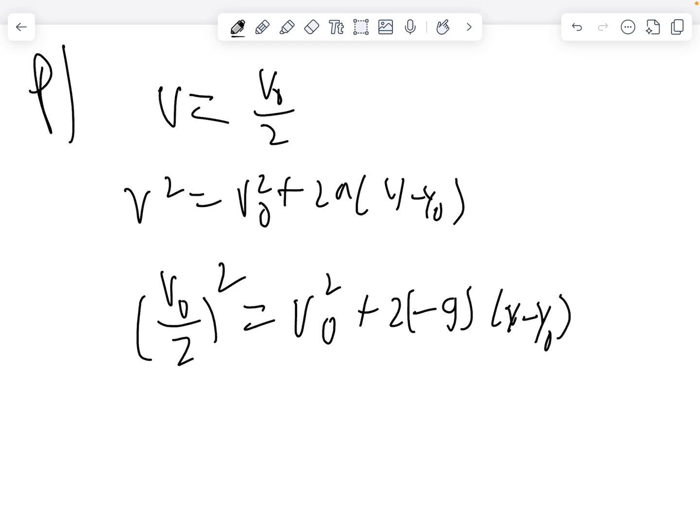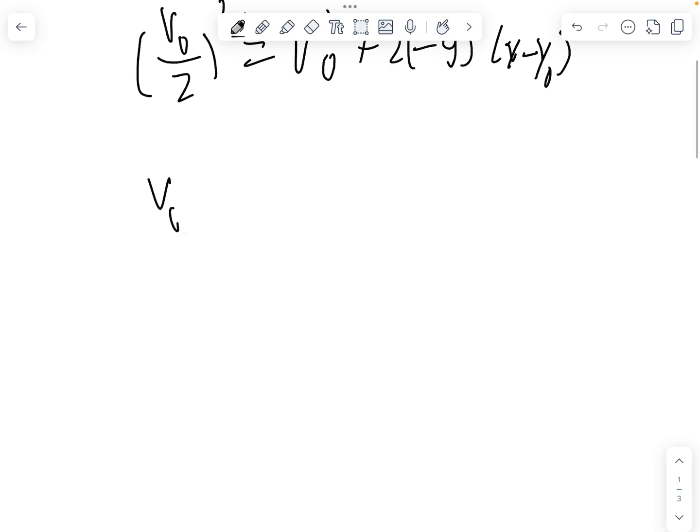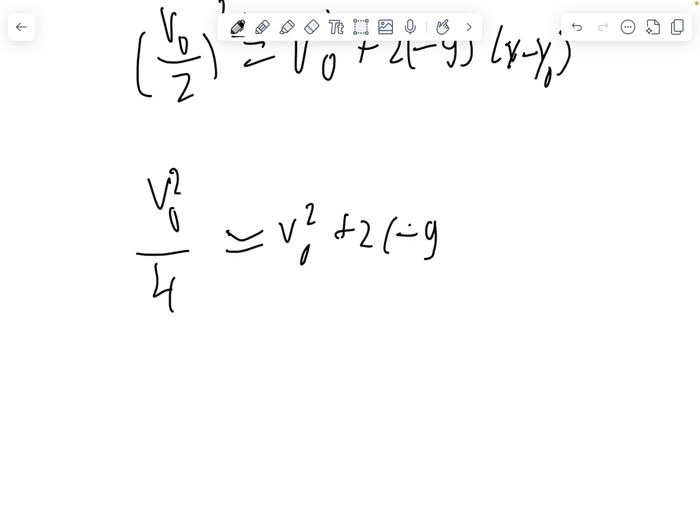So we're just going to do initial velocity squared over 4 equals initial velocity squared plus 2 times negative g still times this variable.